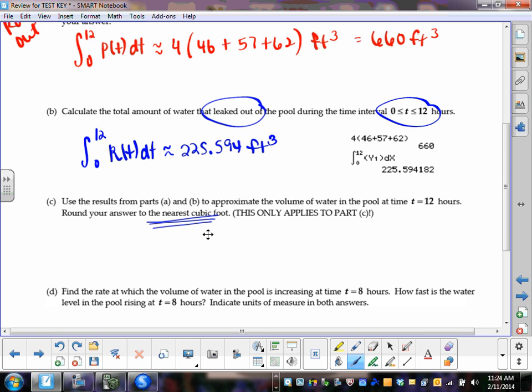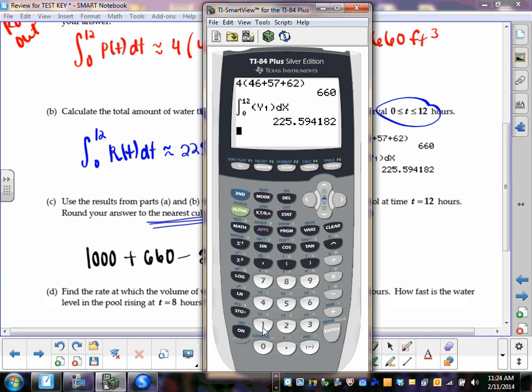So now this part does include the initial value. It's how much was in the pool initially, plus the amount that we pumped in, minus the amount that was removed. And we are going to round afterwards, not in the middle of the problem. Do not round off until the end of the problem.